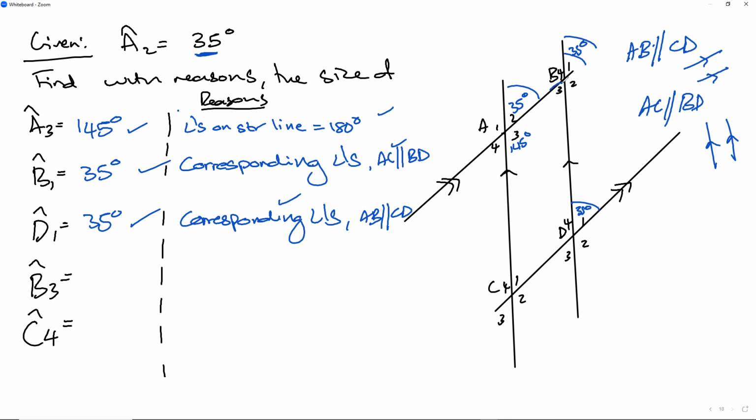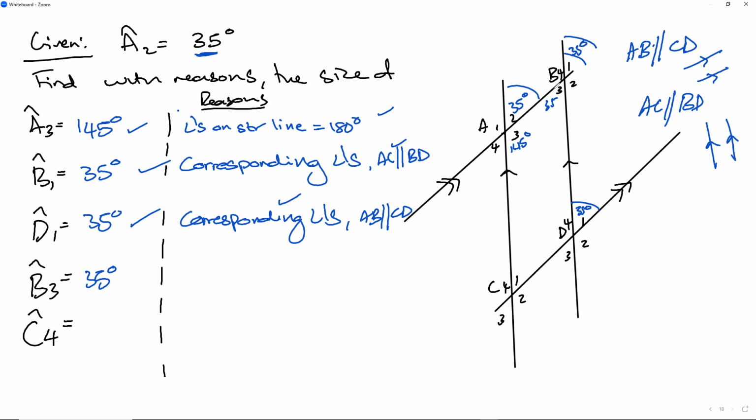Now we want to find B3. B3 is over here. That I can see is vertically opposite. I can also see that it's alternate, and I can also see that it's co-interior. So it's vertically opposite, alternate, and co-interior. So I can choose one. B3 is 35 degrees, and I can choose between any one of those.